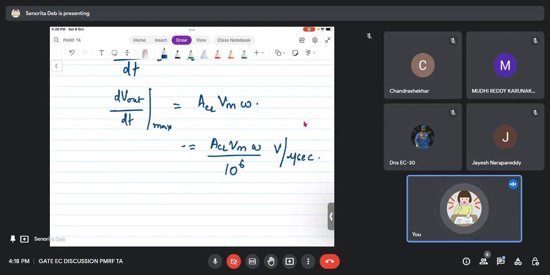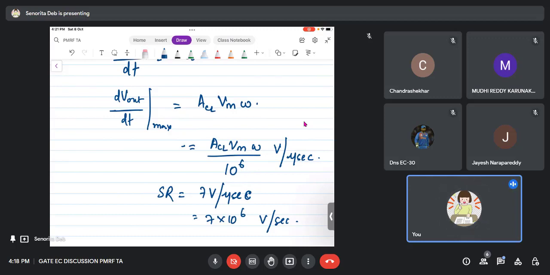You will normally see in questions that they give slew rate as, suppose, 7 volts per microsecond. When companies sell op amps, they give the specification in this manner only. This is nothing but 7 into 10 to the power 6 volt per second. That high slew rate you need. It is always in the mega range, and you can call it megavolts per second, or volt per microsecond.